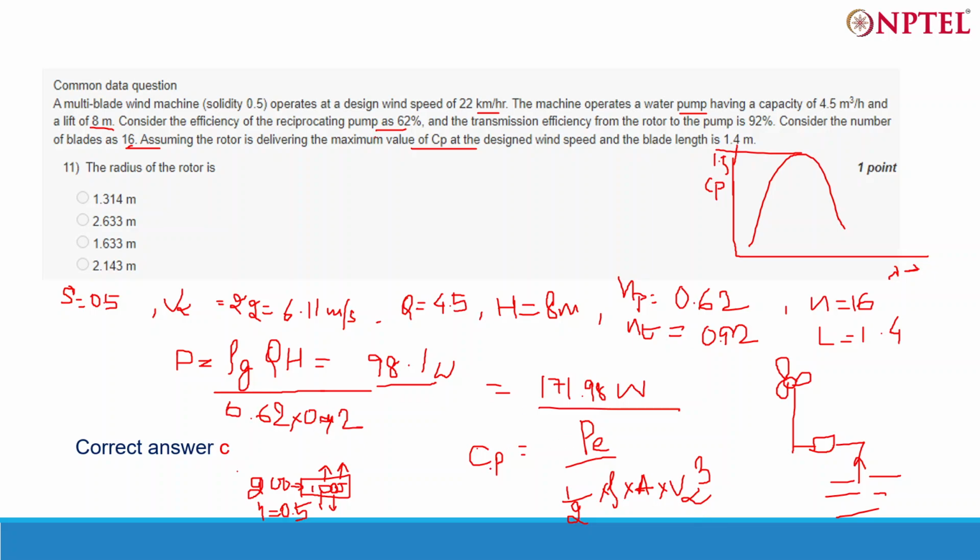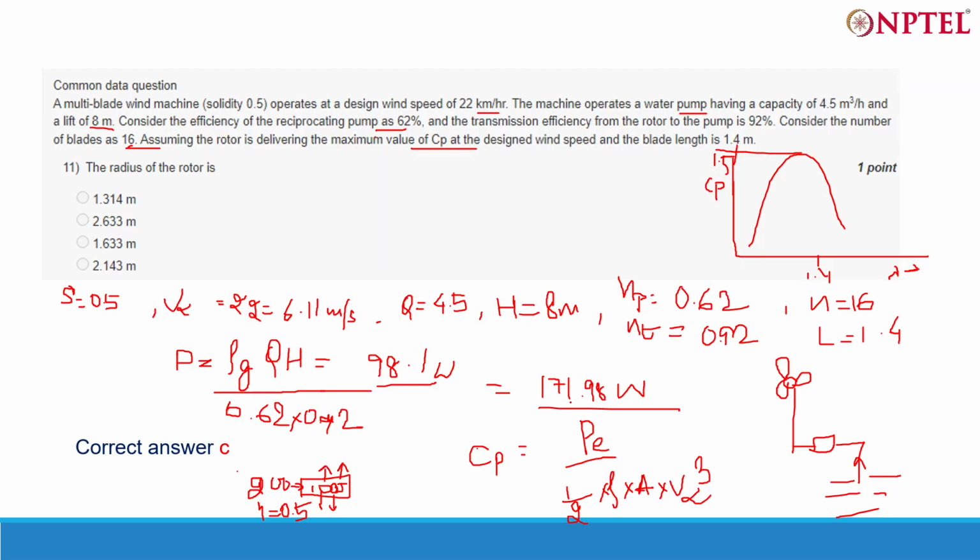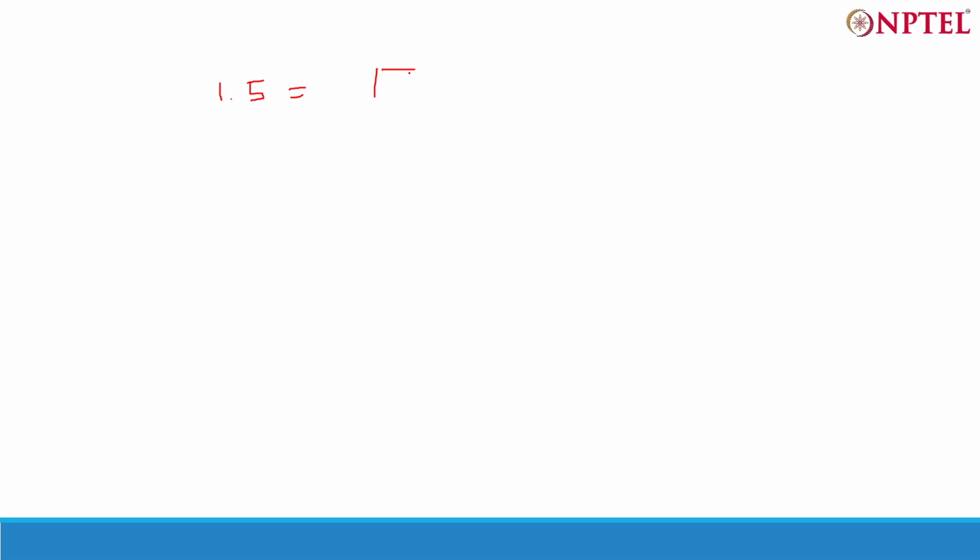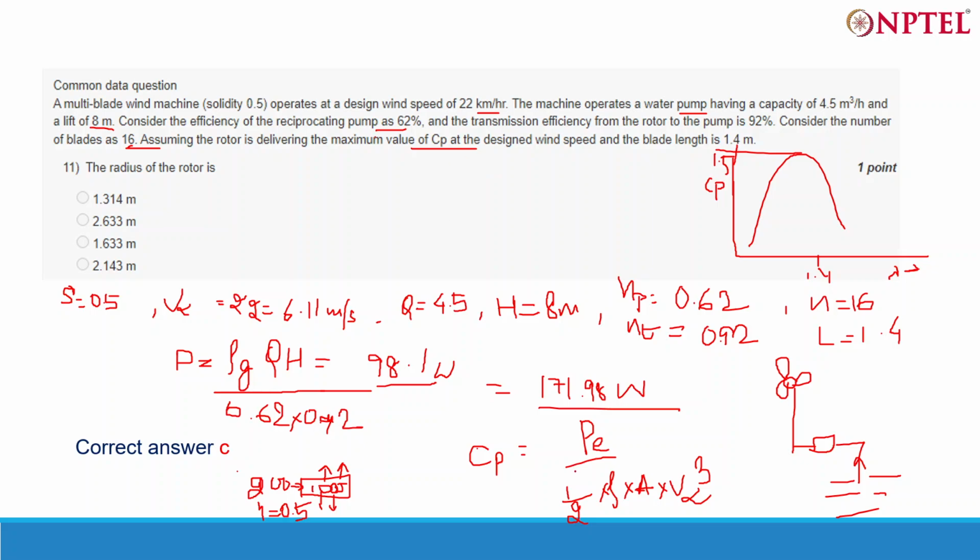For a blade length of 1.4, you get the CP value of 1.5 maximum, assuming the rotor is delivering maximum CP. So you put 1.5 here. How much power does the pump require? 171.98, divided by half into rho.